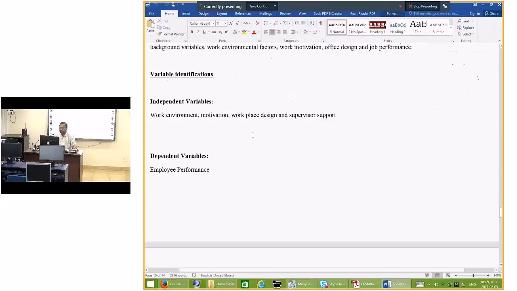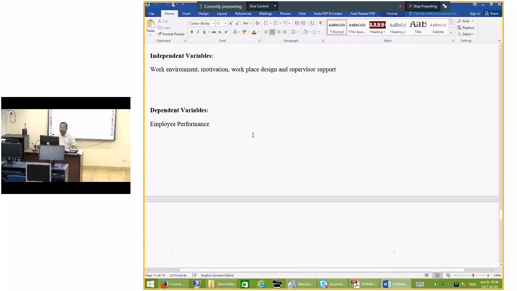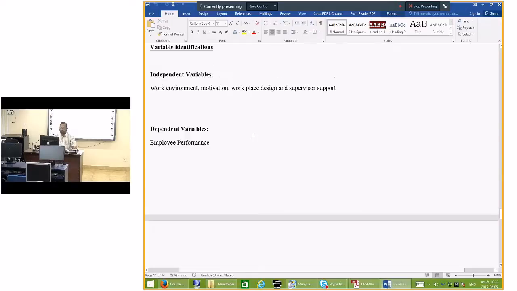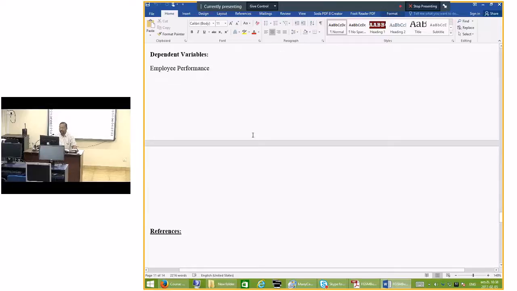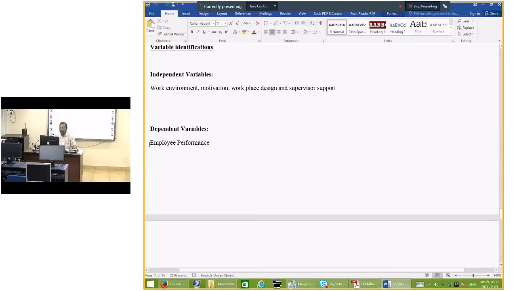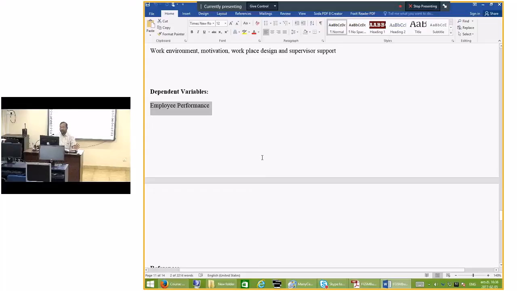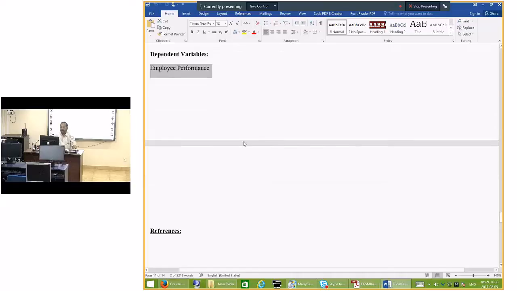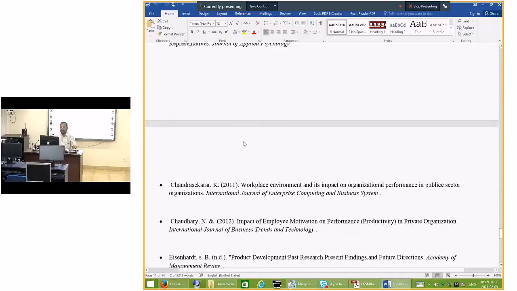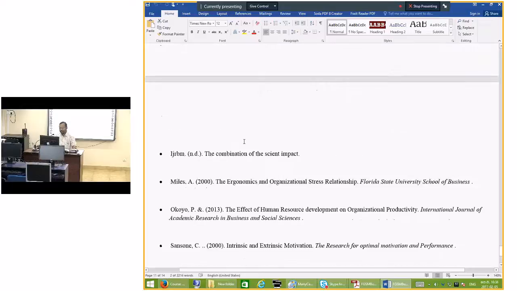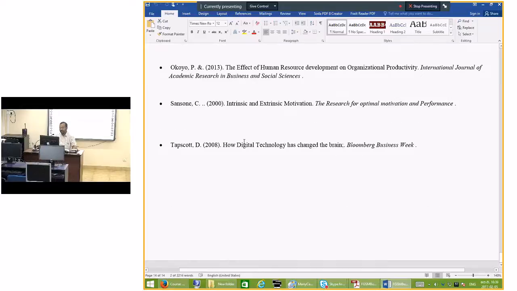You concentrate on that and redesign the dependent variables. You can use the word employee performance, but the main problem is how to measure the performance, how to measure the productivity. Otherwise, there is no validity of your research. Rethink about that part. Okay, thank you very much.